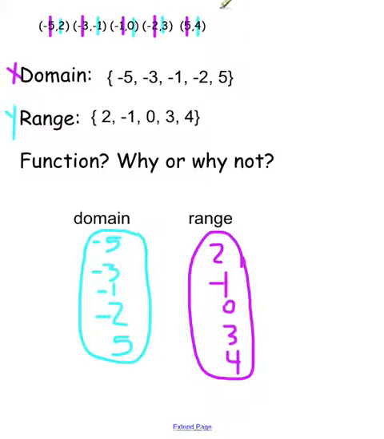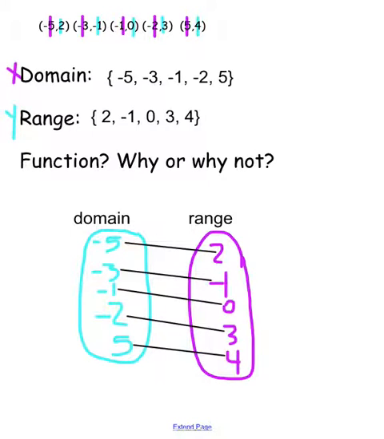My last step is to match these up. So -5 goes with 2, -3 goes with -1, -1 goes with 0, -2 goes with 3, and 5 goes with 4.